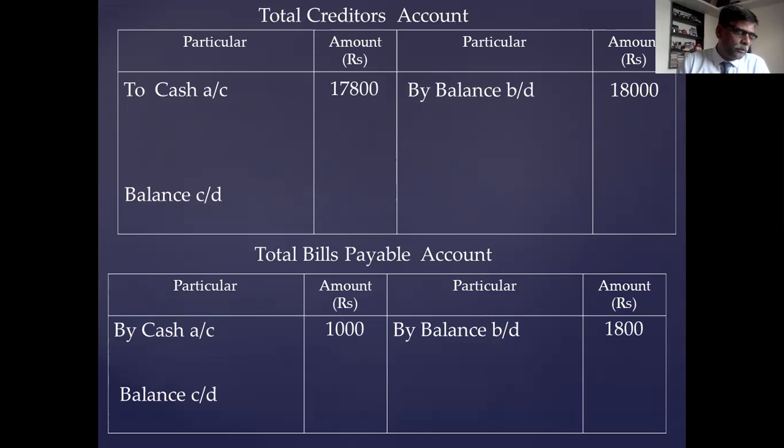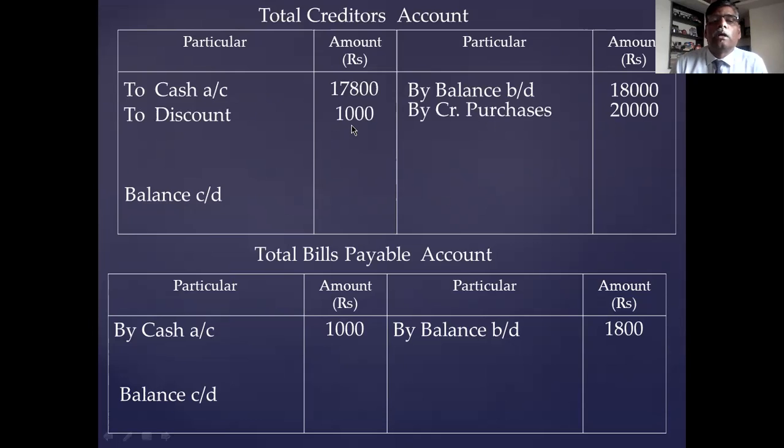Then come to the adjustments, the third part. In the third part, first is credit purchase. Credit purchase comes on the credit side of the creditor account. By credit purchase, amount is 20,000. Next is discount earned. Discount earned comes on the debit side. To discount, 1,000.